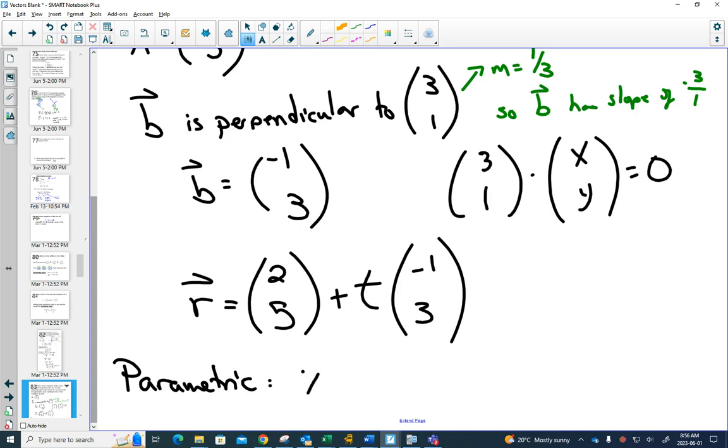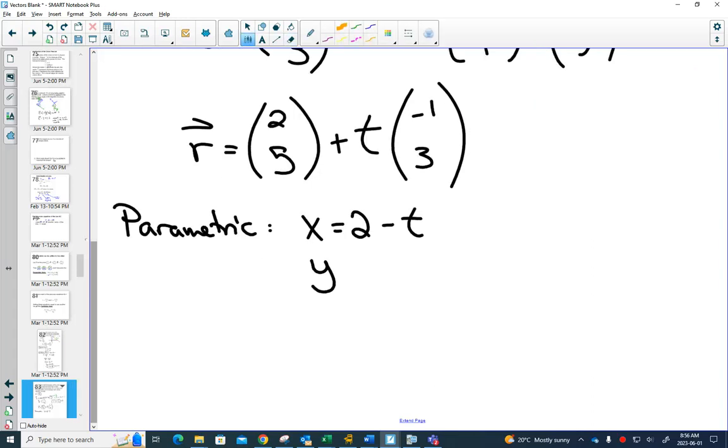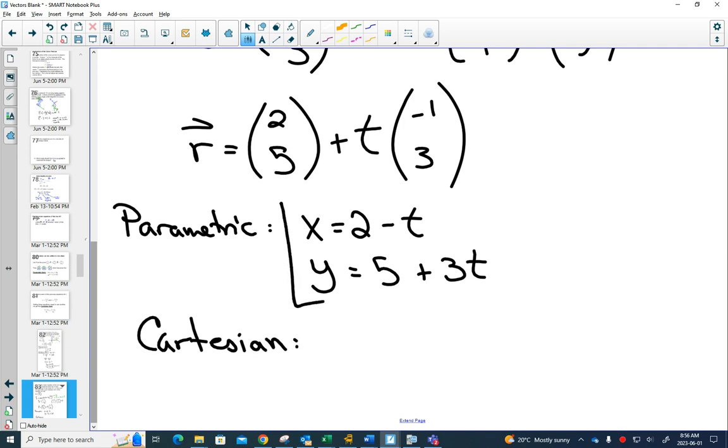Parametric is just looking at the x coordinate and the y coordinate. So there's our parametric. Cartesian, you have to solve for t in each of these.